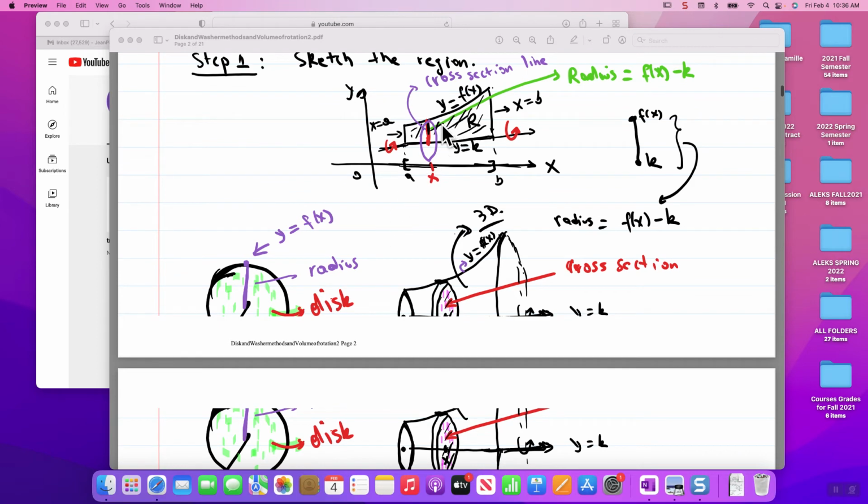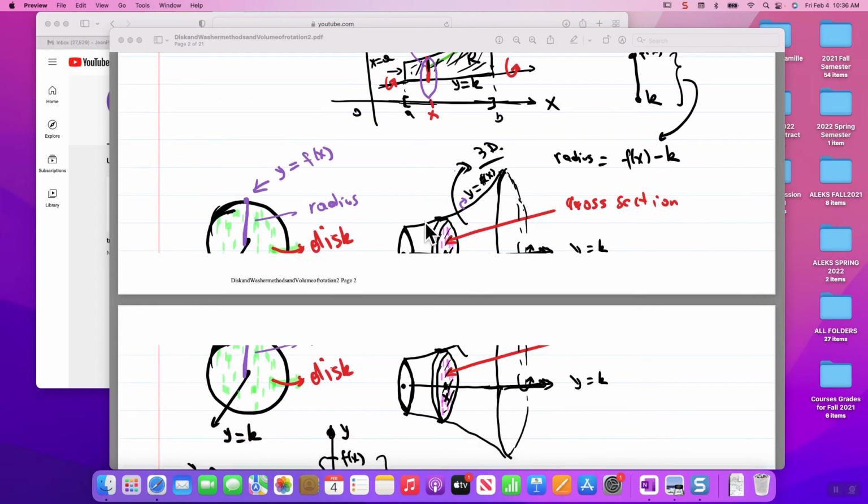Now, one thing I want to let you know is when you draw your cross-section line, if you extend it, it's going to intersect the x-axis here at that point called x. So this point x tells you that everything that you do here must be in terms of x, even when you set up your integral.